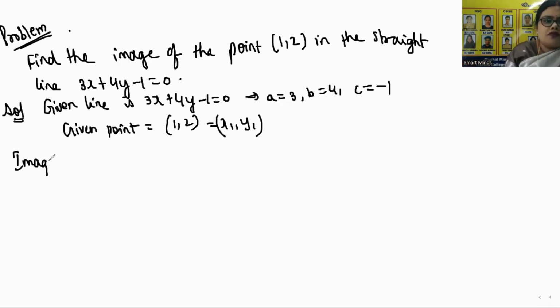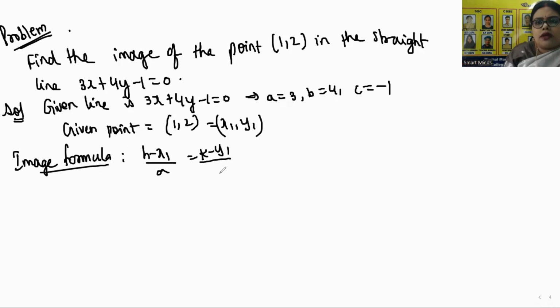Now we have the image formula. What is the image formula? (H minus x1) by A is equal to (K minus y1) by B is equal to minus 2 into (AX1 plus BY1 plus C) by (A square plus B square).